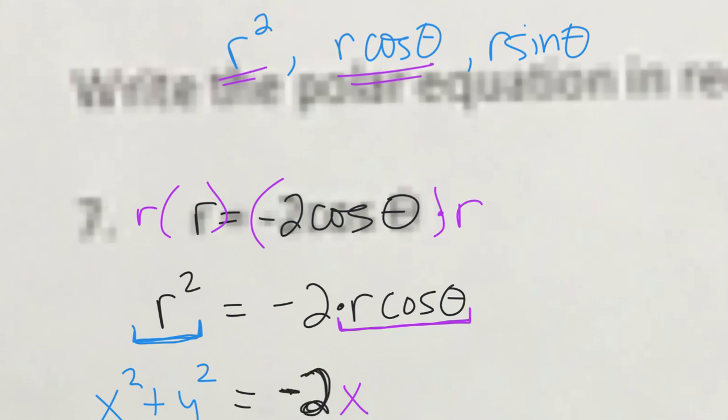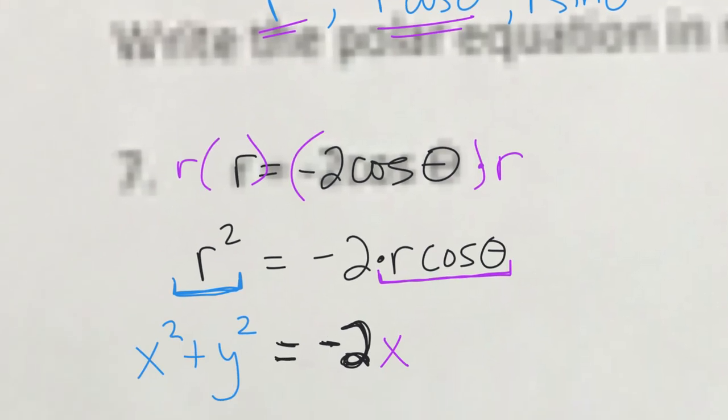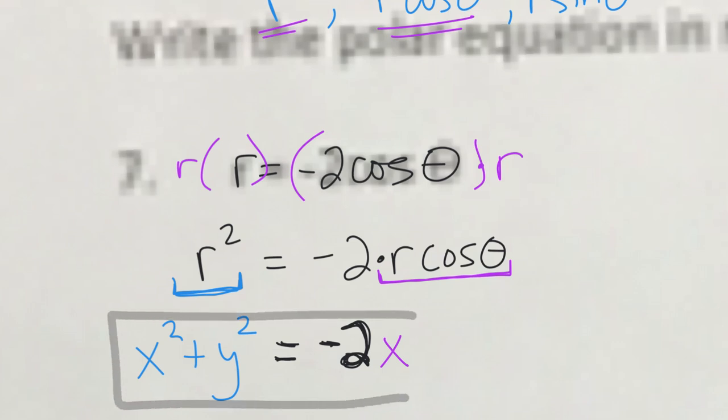So we are creating things that can be replaced. Okay, and this is all you need. This is your answer right here. You don't need to simplify it into point, center, and radius form of a circle, but know that this is a circle equation.